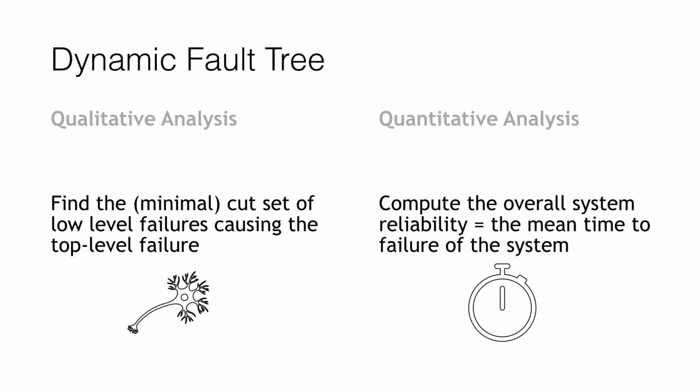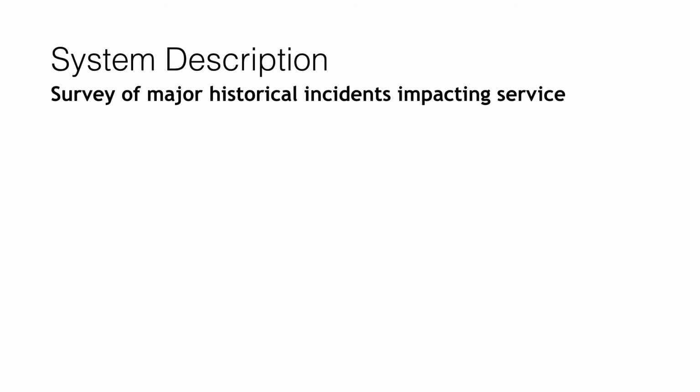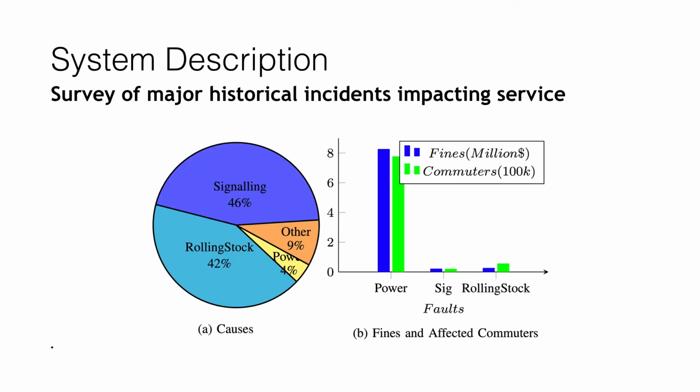But in order to do this first, we need to have a good description of the system in order for us to build the model. But before we do that, rather before the authors of the aforementioned paper did that, they actually took a survey of the major historical incidents impacting the service on the train. And this was to better understand what had previously caused issues.